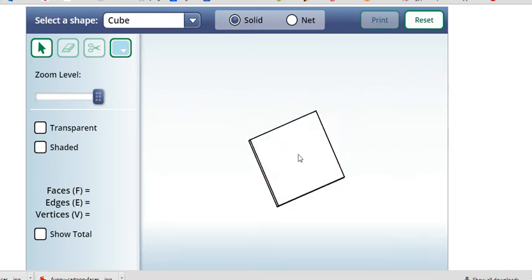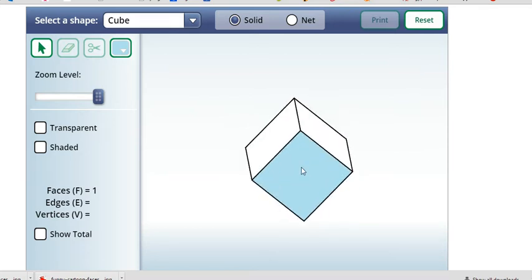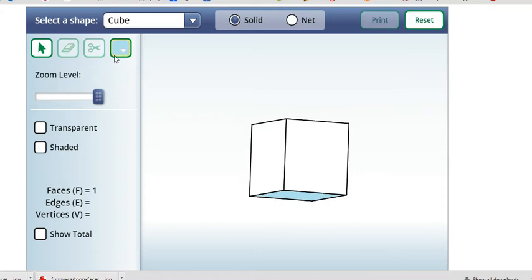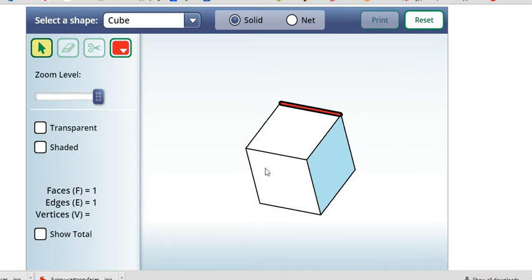As you can see here, here's a face. Or excuse me, here's an edge, and here's a face. I'm going to make an edge red. That red thing there is an edge. The blue thing is a face.